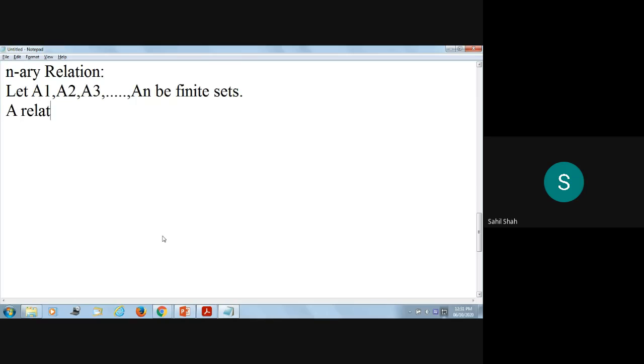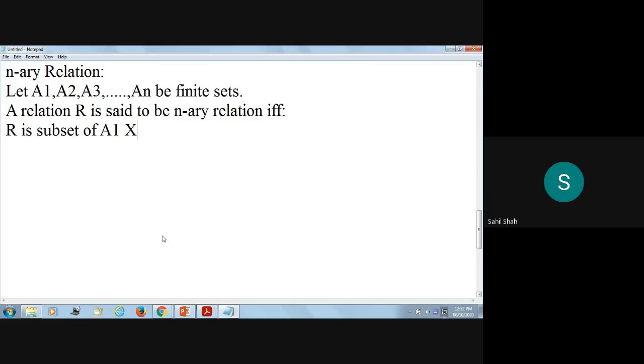A relation R is said to be an n-array relation if and only if R is a subset of A1 cross A2 cross A3 cross up to cross An. Are you getting the point?